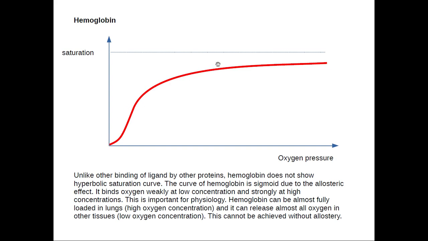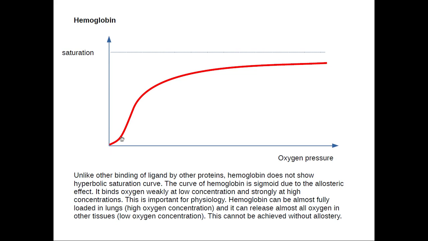This is, for example, the case of another oxygen binding protein, myoglobin, which is a kind of counterpart of hemoglobin, but in muscle cells. So it's some intracellular binder of oxygen.